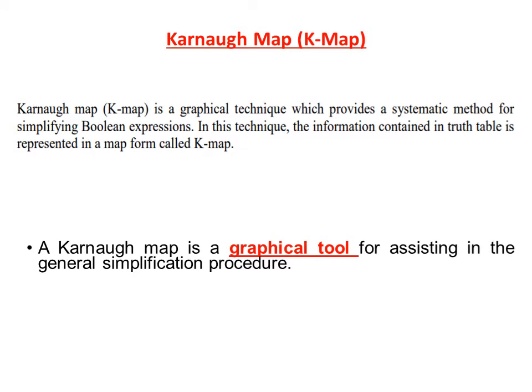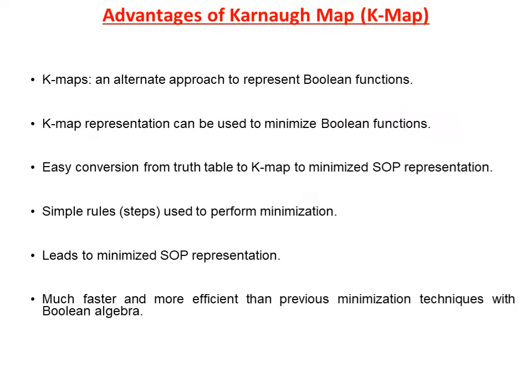Karnaugh map is a graphical technique which provides a systematic method for simplifying Boolean expressions. In this technique, the information contained in the truth table is represented in a map. It's called a K-map. Advantages of K-map: it's an alternate approach to represent Boolean functions.